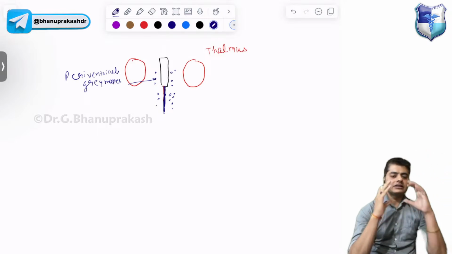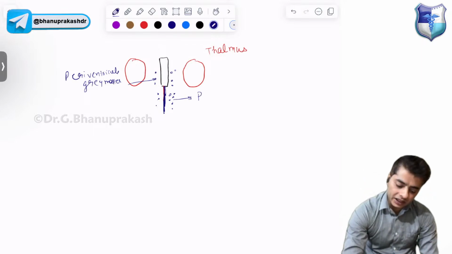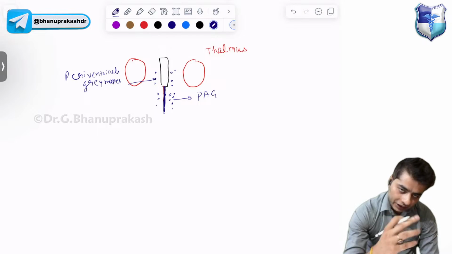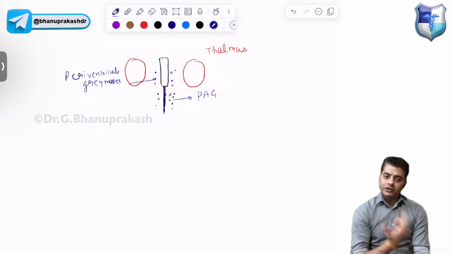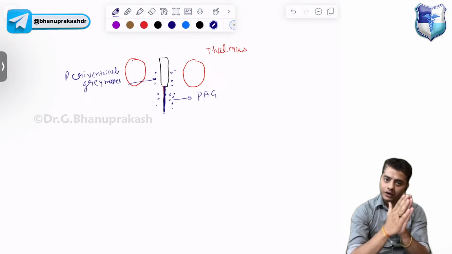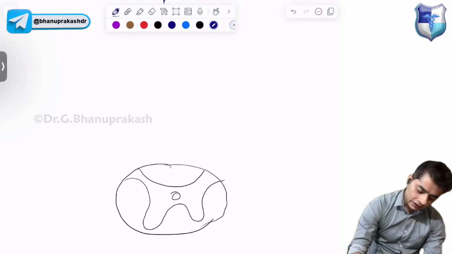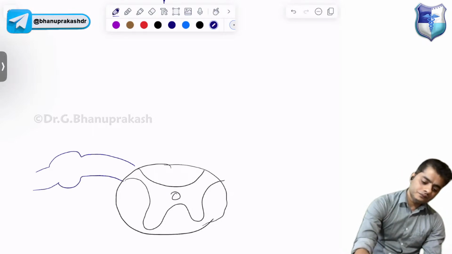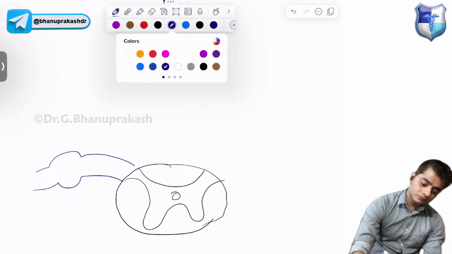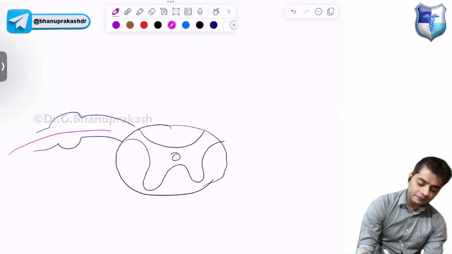Now, what are cell bodies? You know that cell bodies are gray matter in the CNS. These are known as PAG, the periaqueductal gray matter. So cell bodies near the third ventricle are known as periventricular gray matter, and cell bodies near the cerebral aqueduct are known as periaqueductal gray matter. Now, these A delta and C fibers are carrying pain.